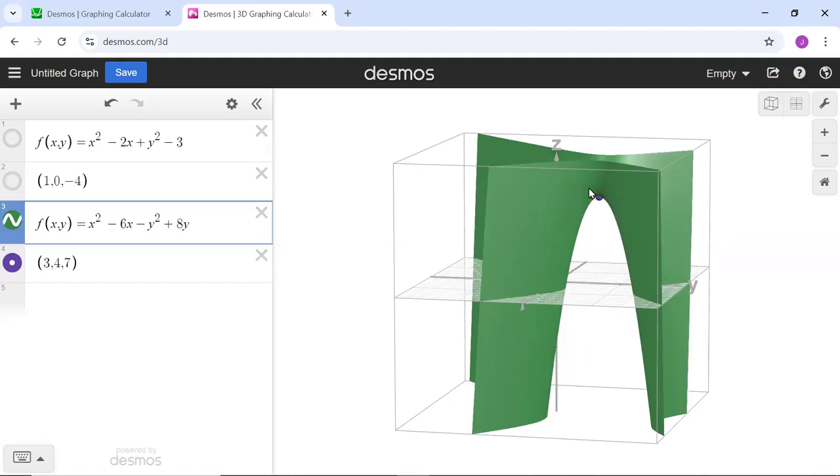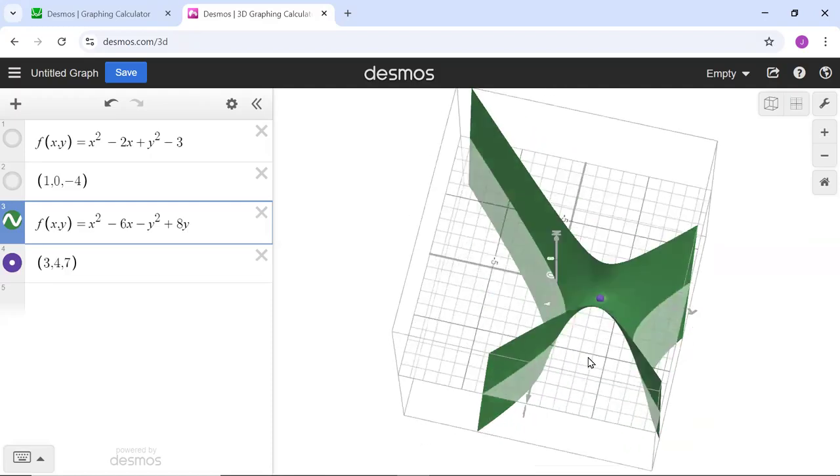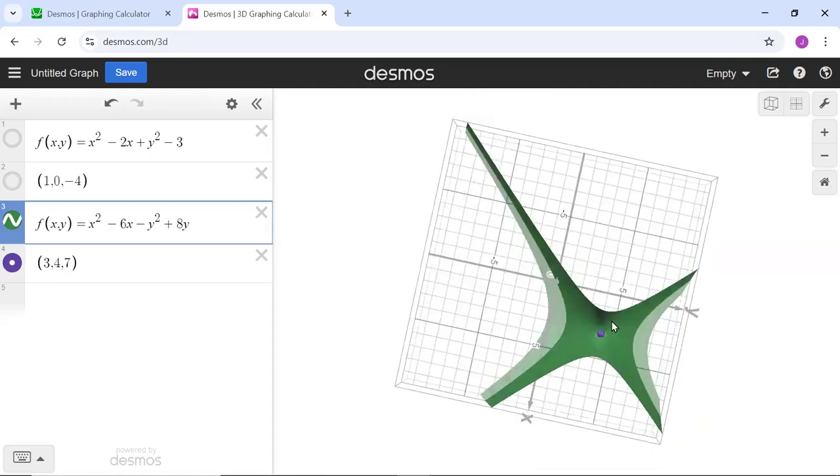If I draw a little circle around here, I can find points that are above the purple point or below the purple point by just moving in whatever direction.